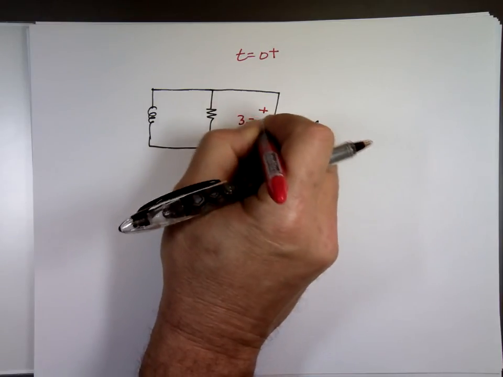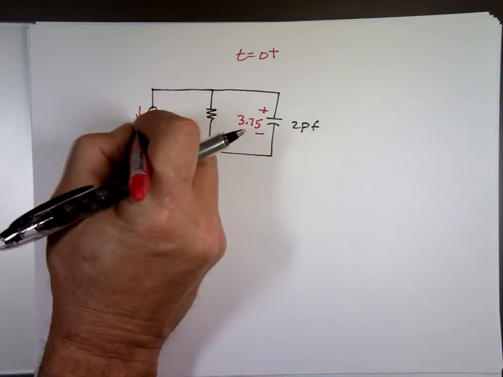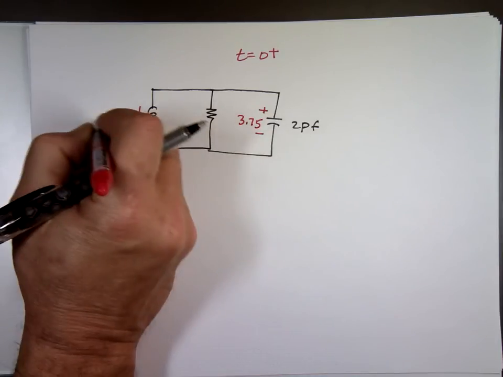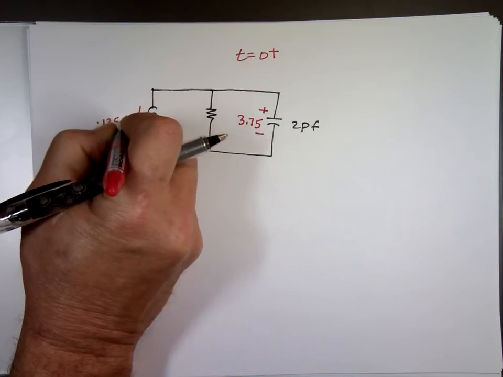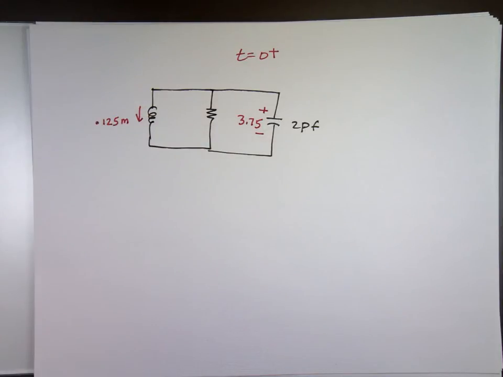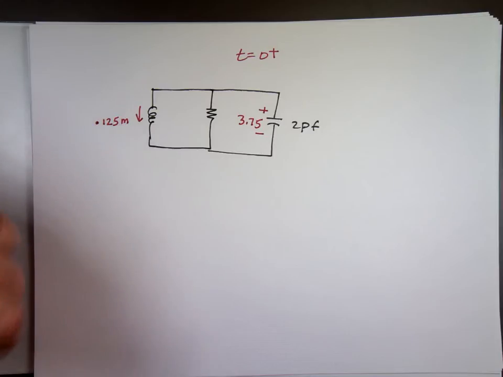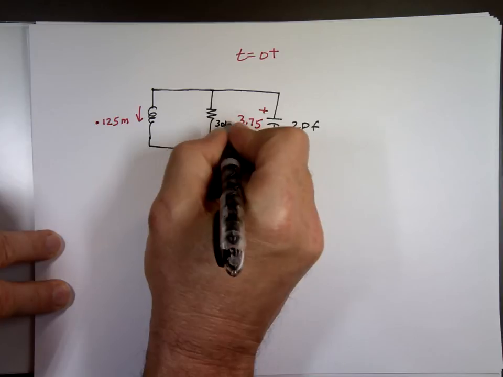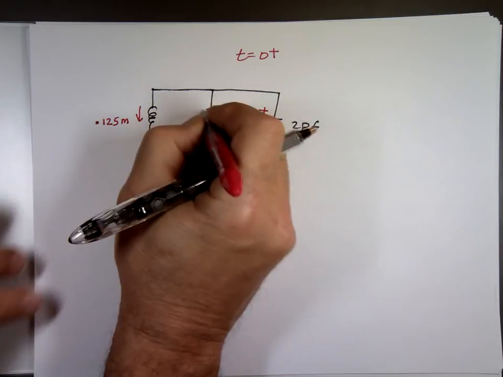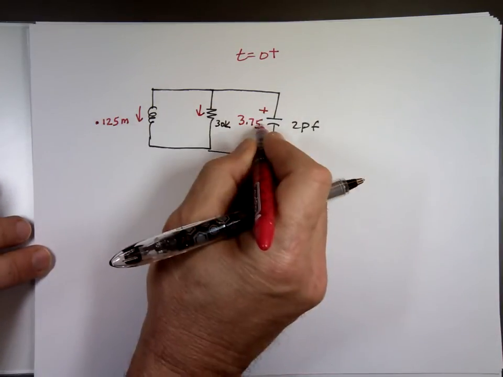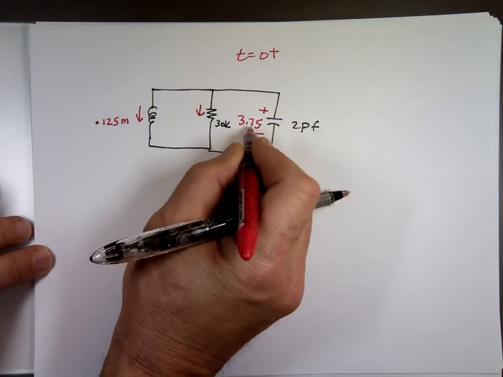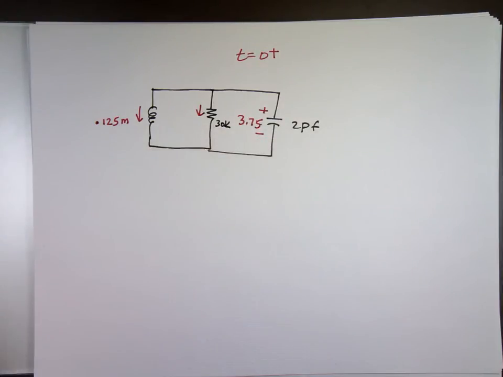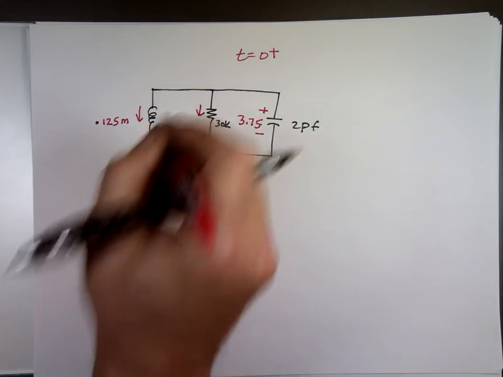I know the current coming down here, I sub L at 0 plus, is 0.125 milli. And I know this resistor is 30K, so this current is going to be this voltage divided by that resistor. 3.75 divided by 30, 0.125 milli.